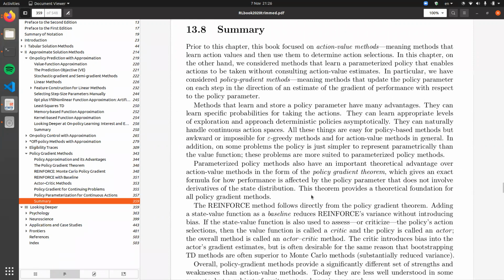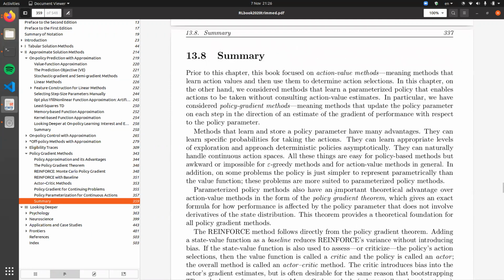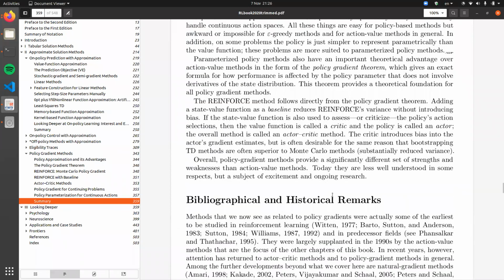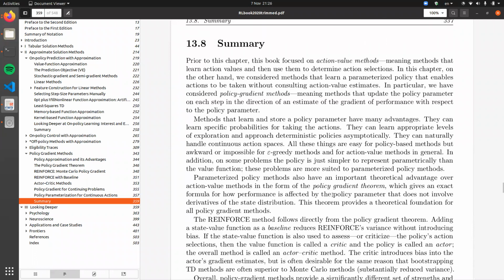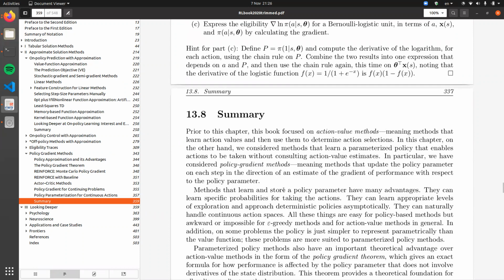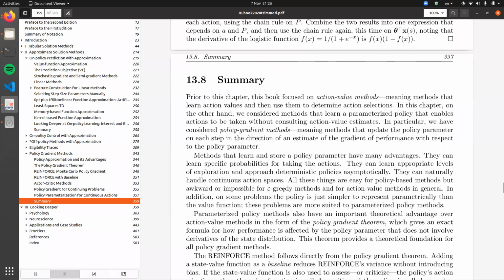I will post the link to those as a complement to this chapter, as they go into a bit more detail, probably because policy gradient methods are more relevant for deeper reinforcement learning compared to shallow reinforcement learning, because you can have a more expressive policy function, and that can be useful in many cases, I guess.